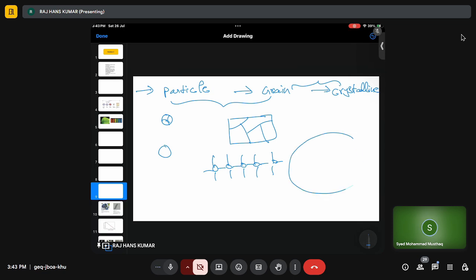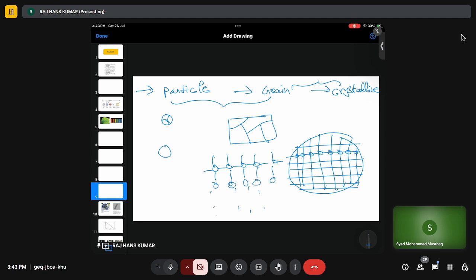Now, if I take my grain, these intersection points are my atoms. If I try to draw this out, it will become my plane. A plane consists of atoms, right? And if I stack these together, then I will have a crystal structure.